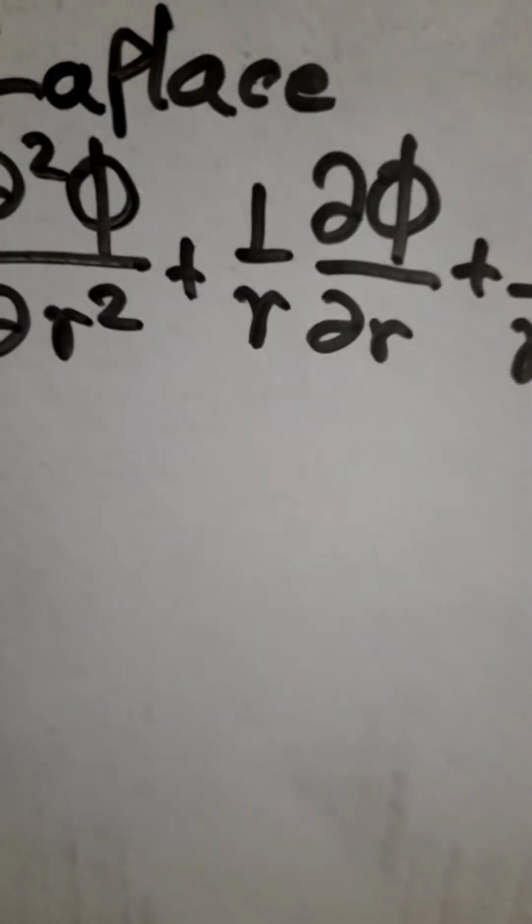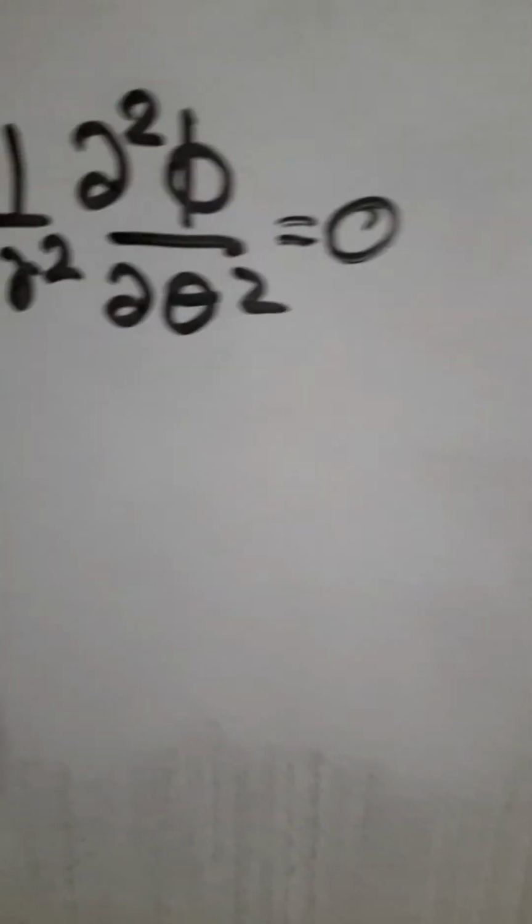What this means is del squared by del x squared plus del squared by del y squared. This is the Cartesian form; I will show you later. This would create confusion here, so I will erase it, but you just saw it, right? So now I will erase it.